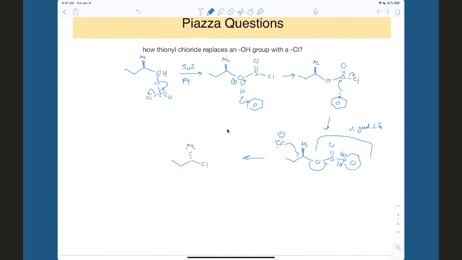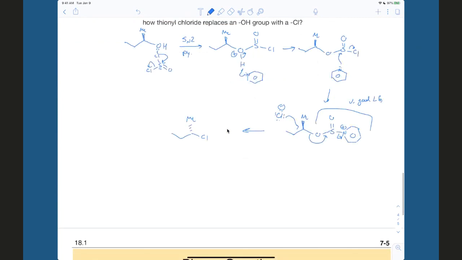PBr3 is simpler. PBr3 doesn't have this funny business with pyridine. The issue is that, and this isn't even true all the time, there's some weird mechanisms where if you don't have pyridine present in this reaction, you end up getting a stereoretentive product.